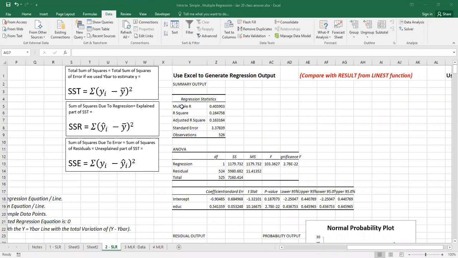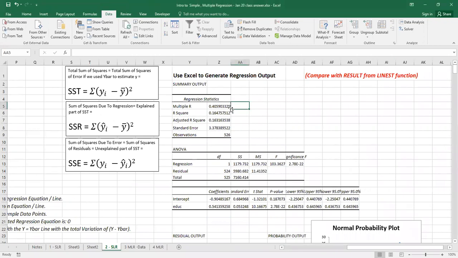Multiple R, guys, is your, what is this, guys? Recall this. What we're doing now is looking at the quote-unquote anatomy of this regression output.